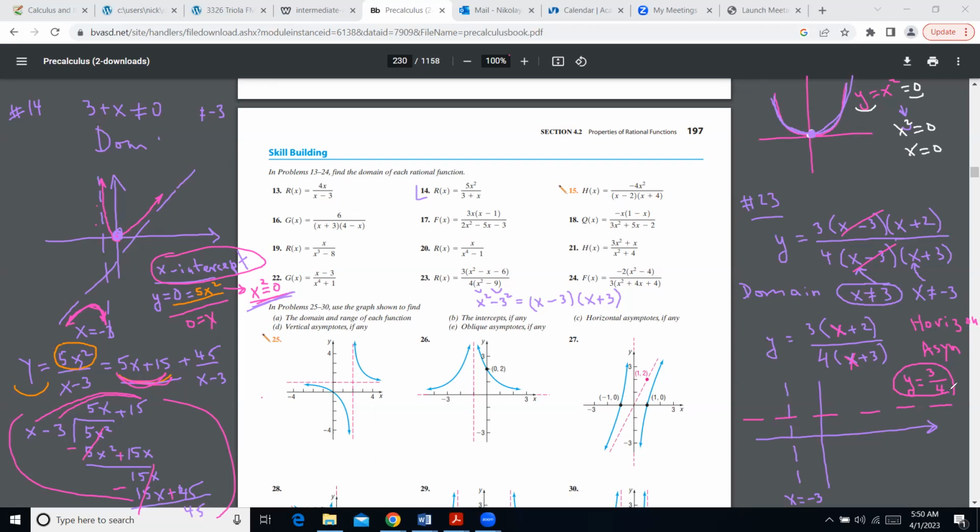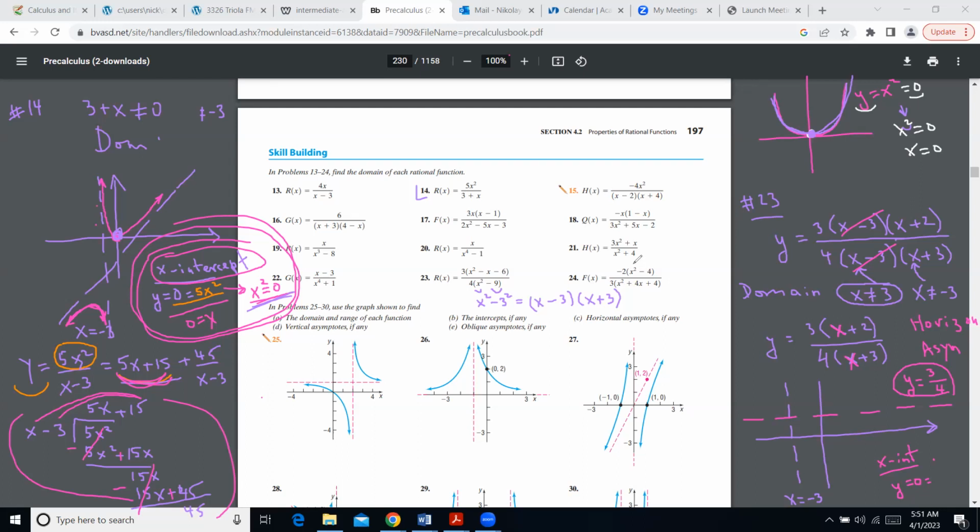And then the last step I need is to see the intersection with the x-axis, or so-called x-axis intercept. Notice I follow the same footprints as I did in the previous exercise. After I found those asymptotes, the next thing to do was to get this intersection with the x-axis, right? So I set y equal to 0.